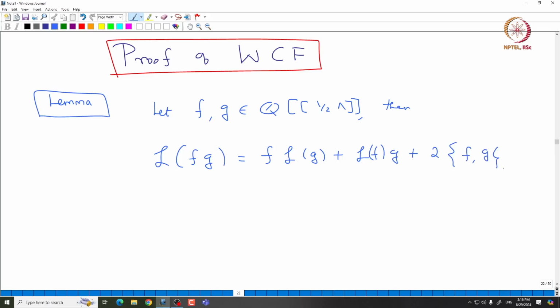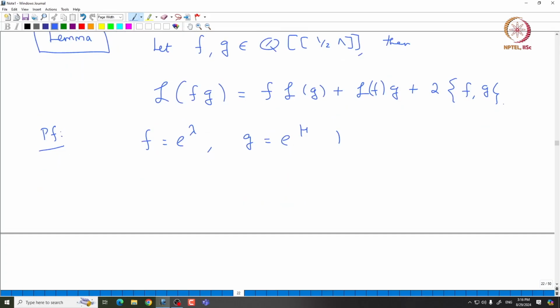Okay. To prove this again we will prove it only for the basis elements. Using the linearity, it will be true for all elements f g. So, what is the proof? The proof is to start with f equal to e power lambda and g equal to e power mu. Then we just compute both sides and equate the things.